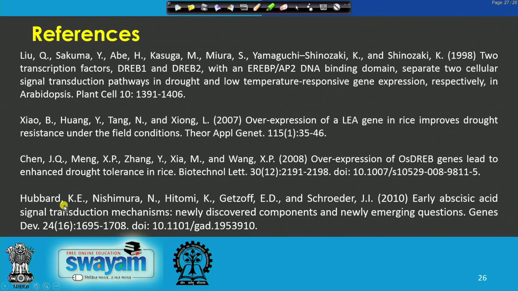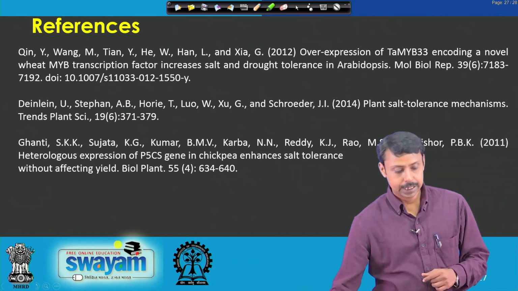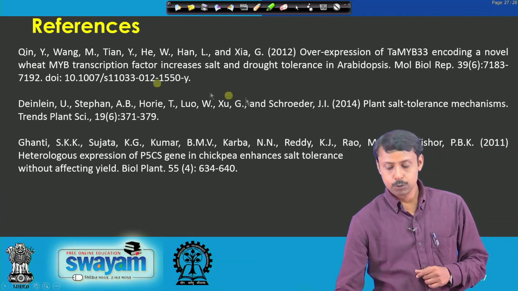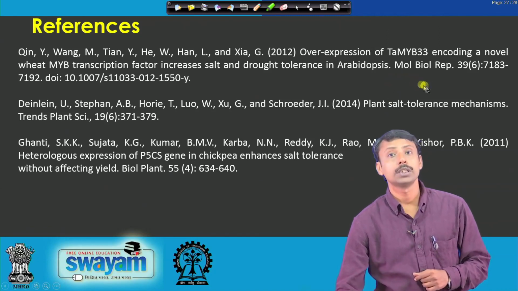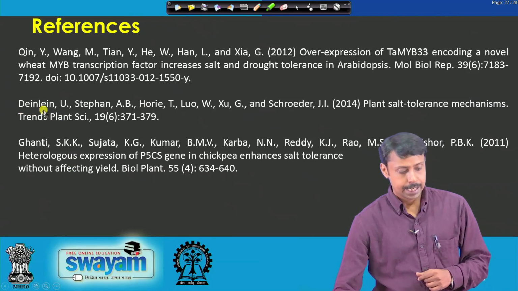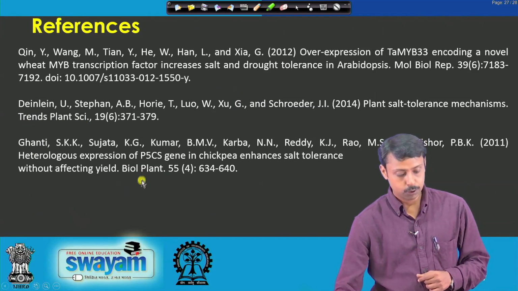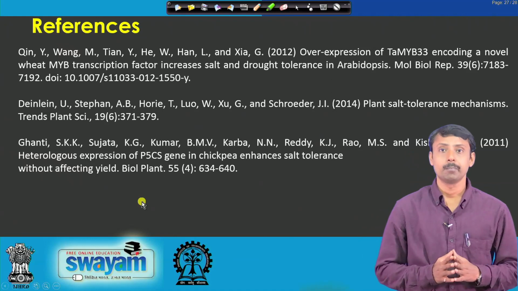Then Hubbard et al. published their work in Genes and Development. Then another study by Quinn et al. was reported in Molecular Biology Reports. Then Denlin et al. was reported in Trends in Plant Science, and Ghonti et al. was reported in Biologia Plantarum.